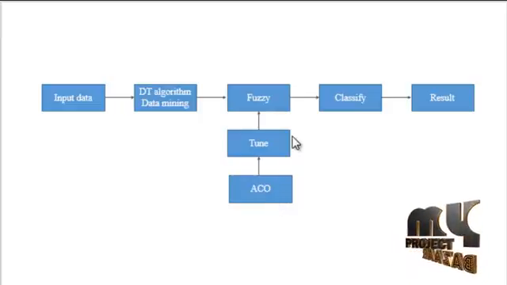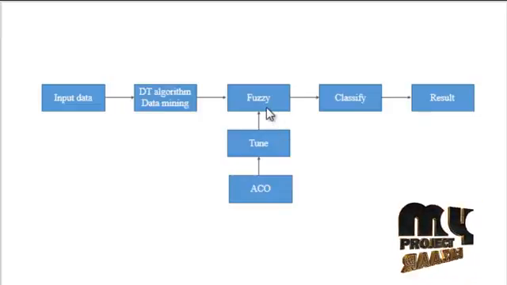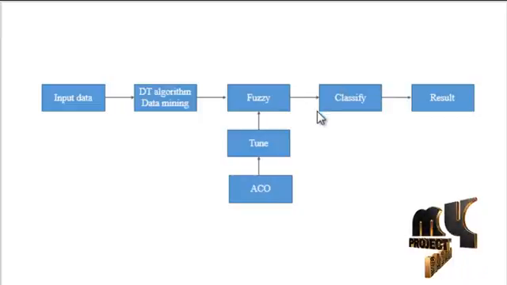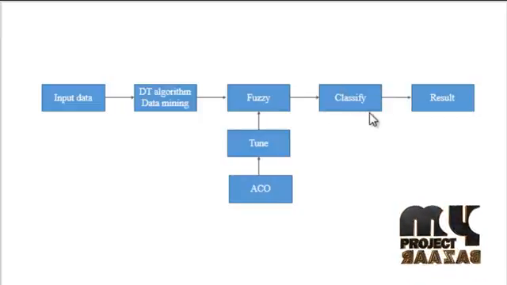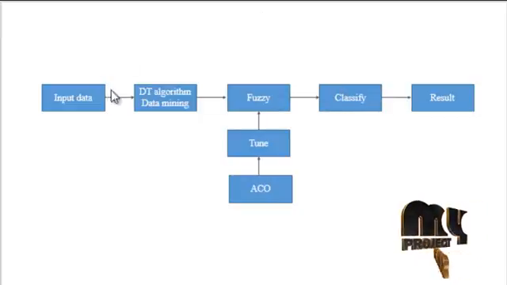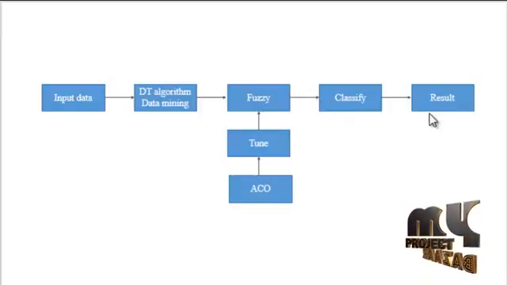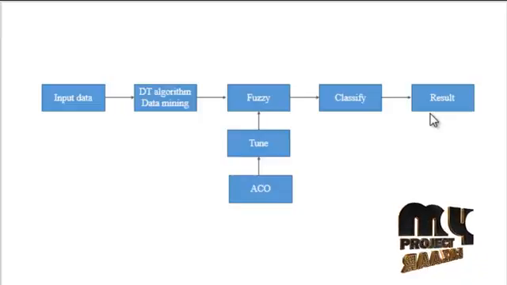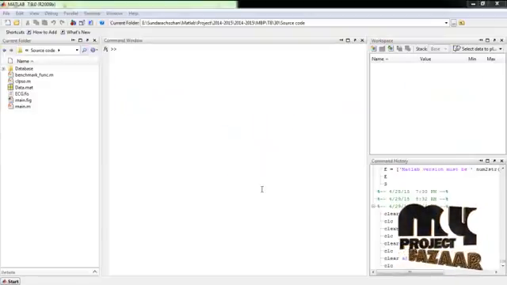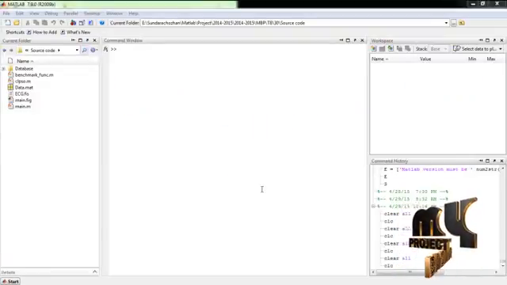That fuzzy rule goes to the classifier, and the classifier classifies the dataset based on the fuzzy rule and gives the result whether the given input data is normal or abnormal. Now we see the demo of our process.